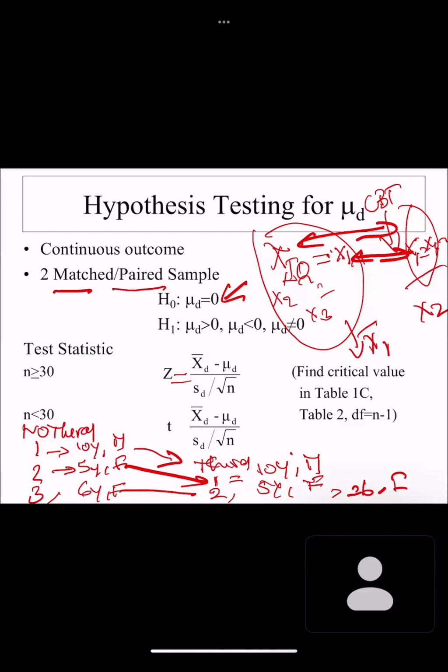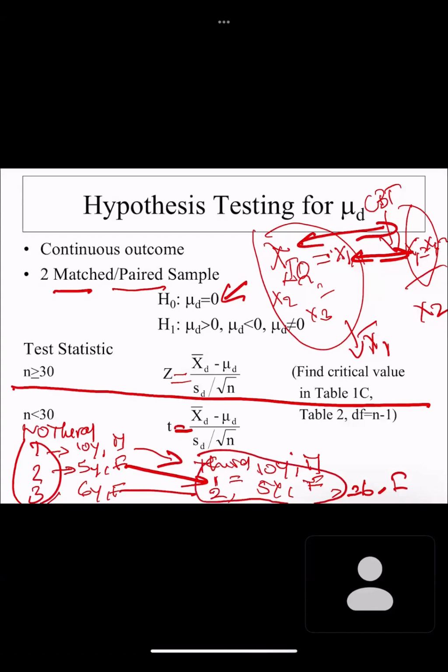So I do the test statistic. For n less than 30 we use the T, and for larger n we use the Z. Do we consider N1 and N2? No, we consider only one. So even here we have 3 no therapy and 3 therapy, the sample is only what?